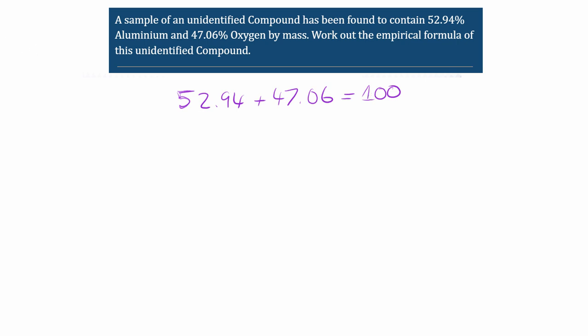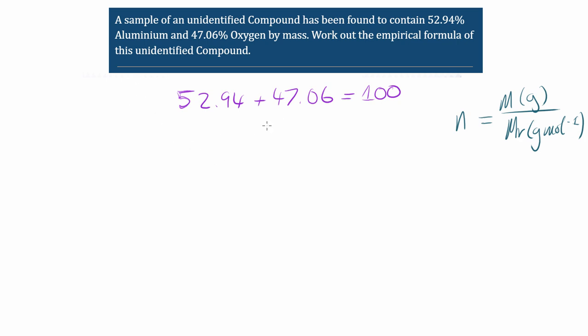So the assumption we're going to make in order to get it in that direction is we need to establish a mass, right? Because to get to amount of substance, n moles is equal to mass divided by molar mass, in grams per mole. So we're going to need to convert these to masses. We'll assume that this specific sample we're dealing with for the purposes of this question has a total sample size of 100 grams.